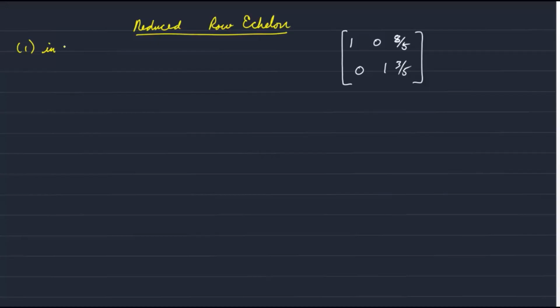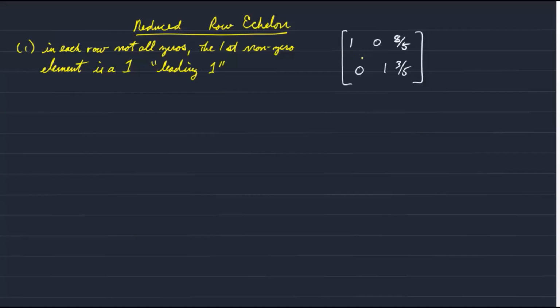So in each row that's not all zeros, the first non-zero element, each number in the matrix is called an element, is a 1. In other words, it's a leading 1.